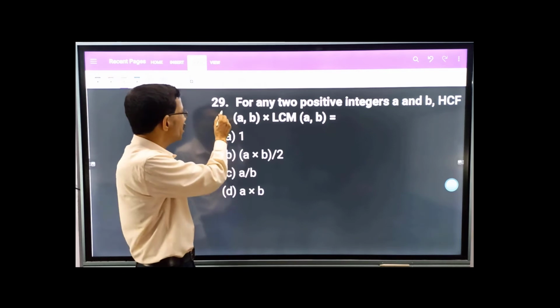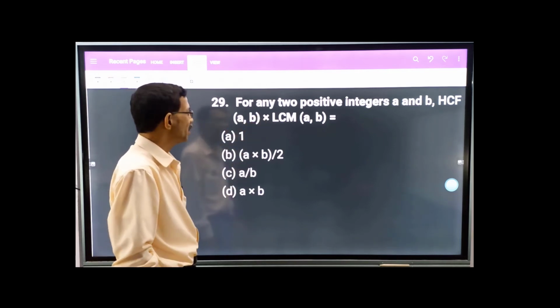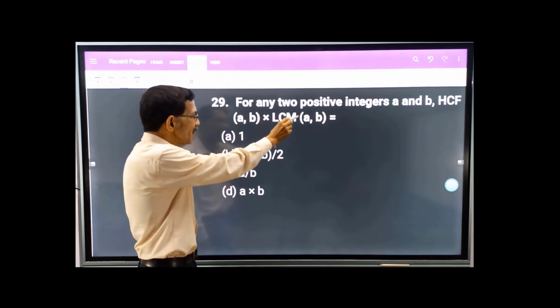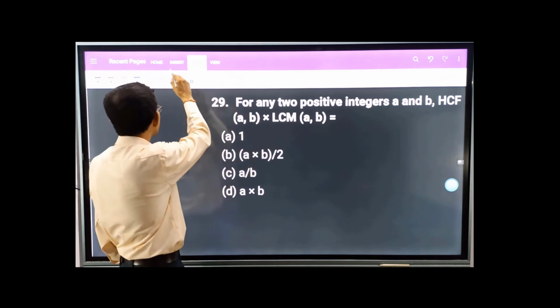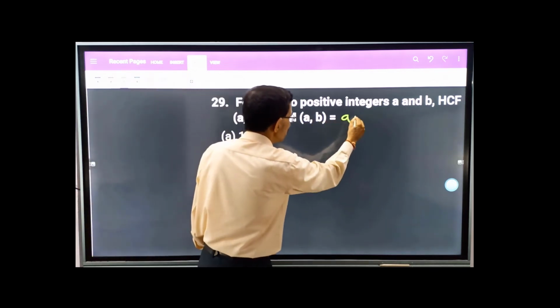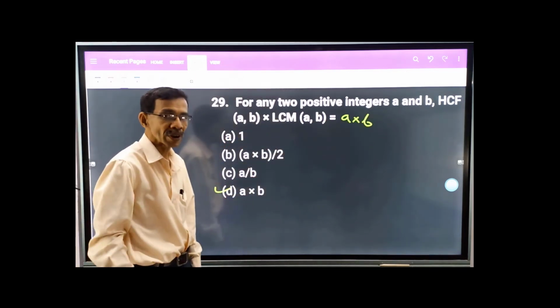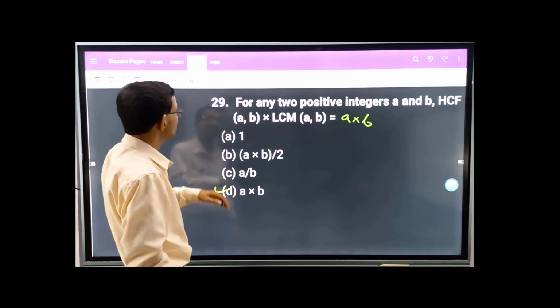Next, question number 29. For any two positive integers A and B, HCF multiplied by LCM should be equal to A cross B, or A multiplied by B. Therefore the correct option is option D. This is given directly as a formula.